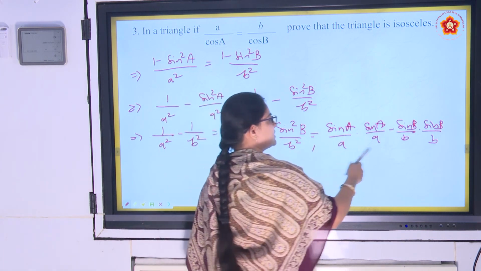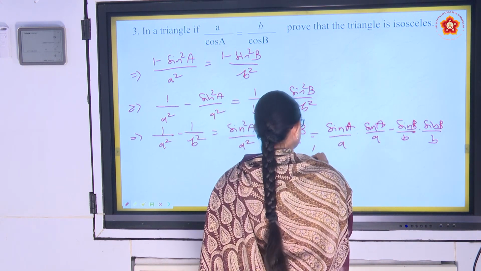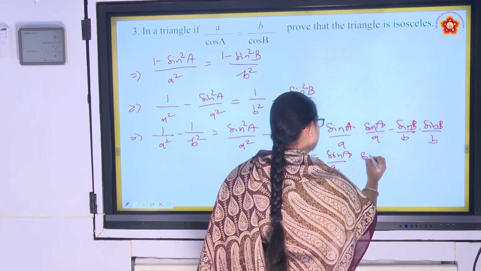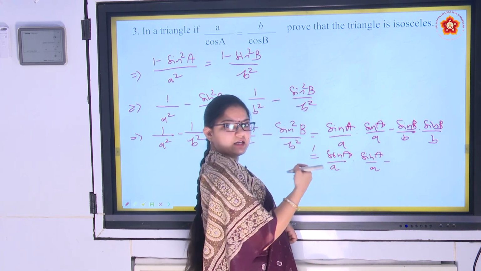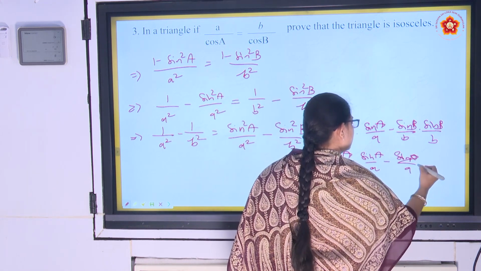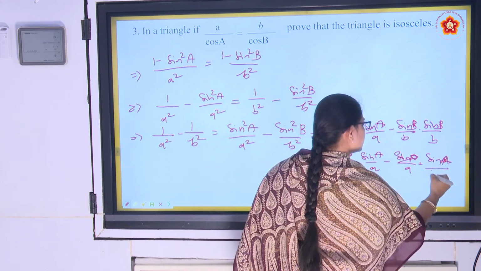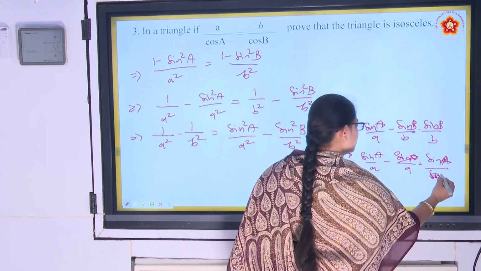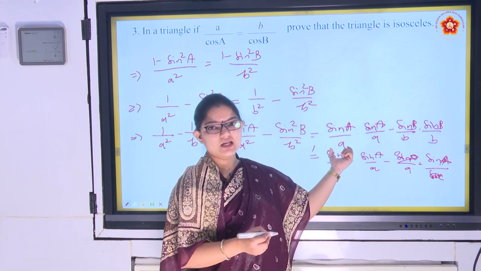So sin A by A is same as sin B by B. So here also we can substitute that. Then what we get? If I substitute sin A by A into sin A by A minus sin B by B, I can replace that as sin A by A into sin A by A. That is, I am replacing sin B by B as sin A by A by using the sine formula.